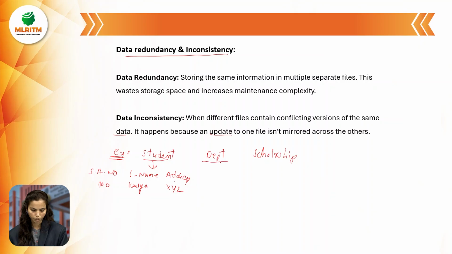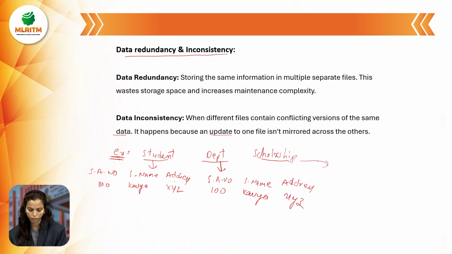In the department, the same: student application number, student name and address. Here the same 100, Kavya, address XYZ. So the department has to maintain the student address like this.